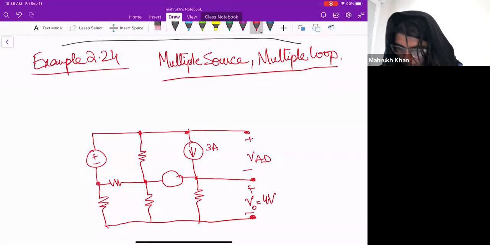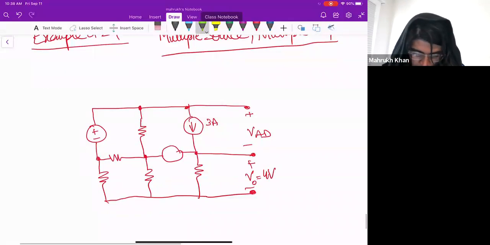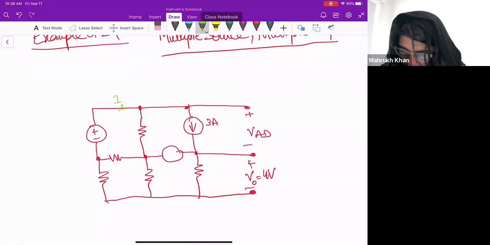Okay, so this is our I1, this is our I2, this is our I3, this is 3 amps.